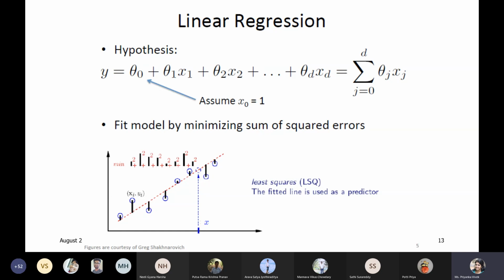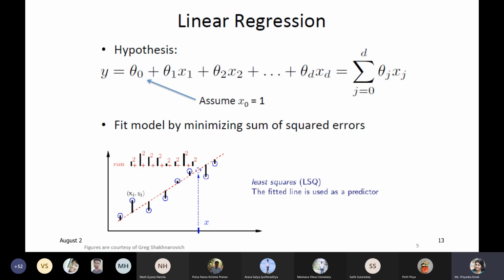Here we might have multiple attributes. In the previous example we considered only one input variable, or attribute.